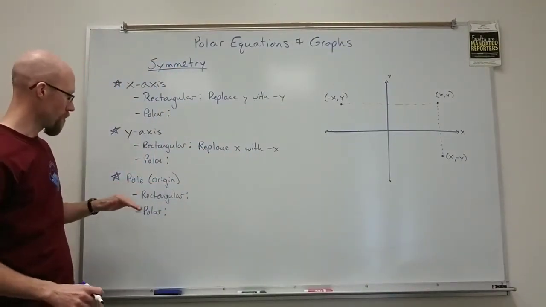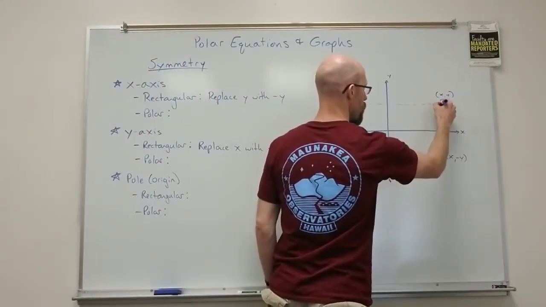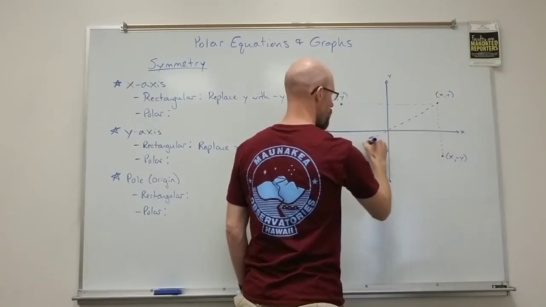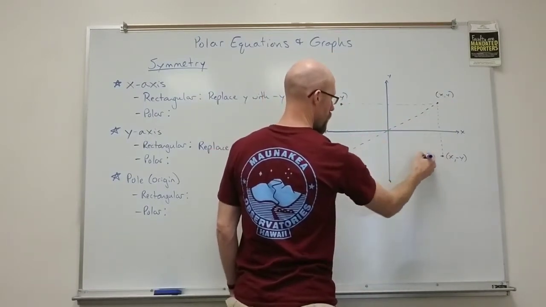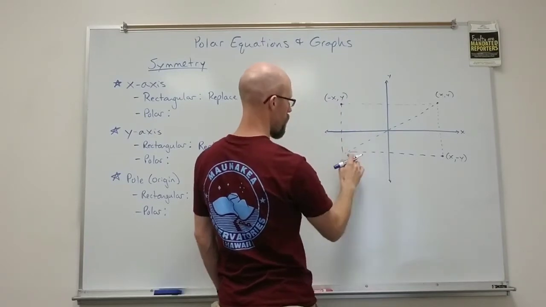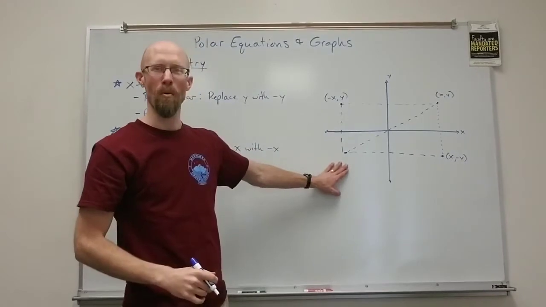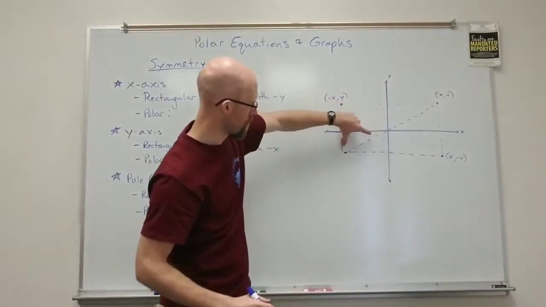For origin symmetry, you would be reflecting both coordinates. If I sketch this out, these probably aren't very parallel to each other, but somewhere down here you get a point that is again an equal distance across the origin.